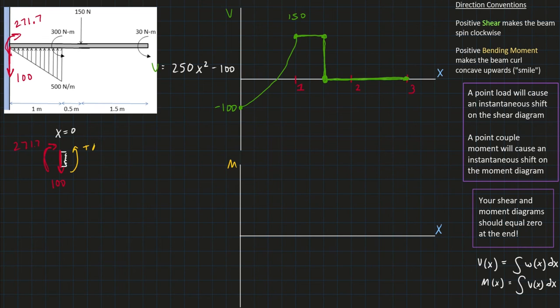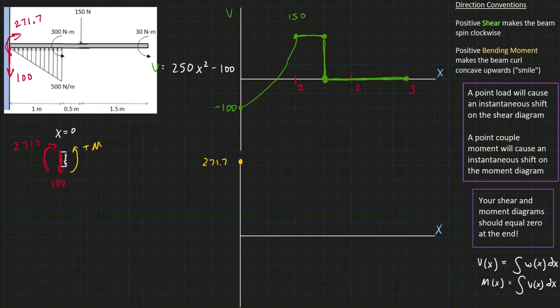Here's my positive internal bending moment direction, wanting to curl the beam up, make it smile. So to battle out this clockwise 271, I'll need a counterclockwise 271.7. So that puts our starting point way up there, 271.7.